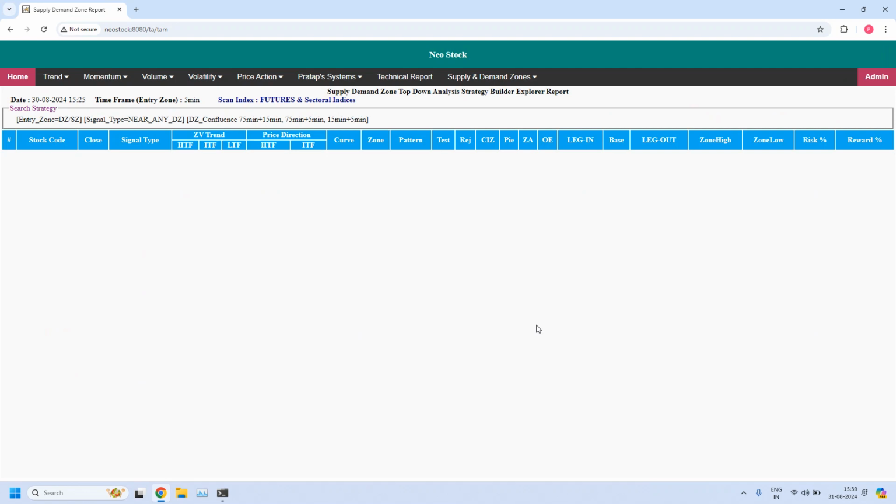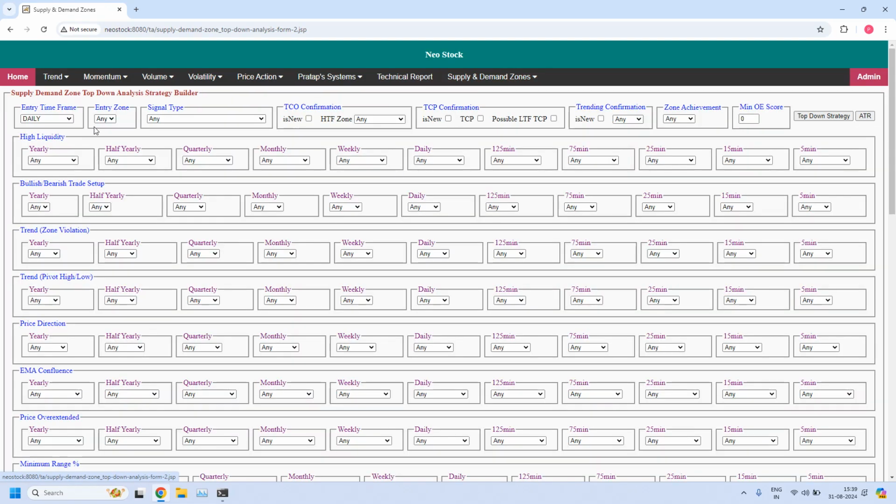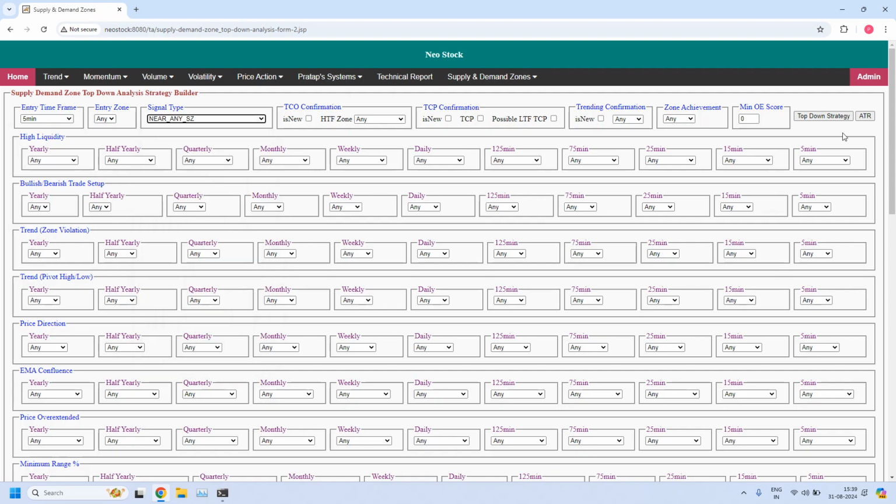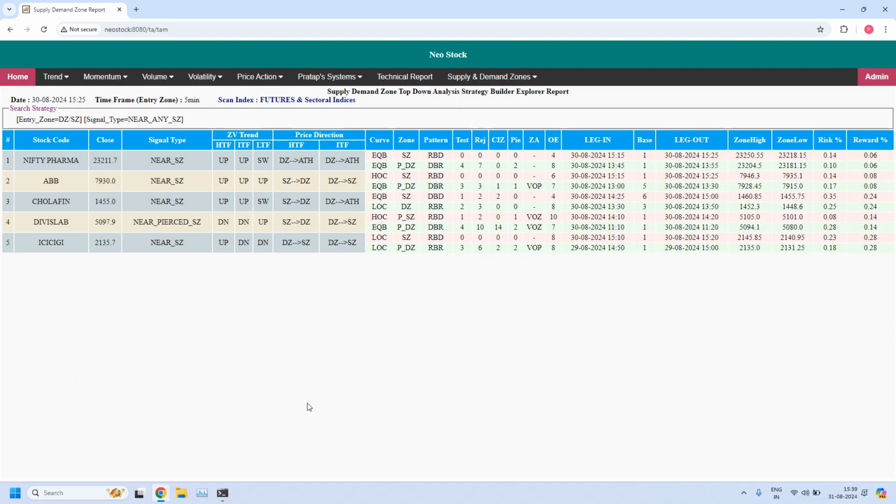Okay, the next one is 5 minute supply zones. So I've selected the 5 minutes entry time, and let us find the stocks near 5 minute supply zones. Let's filter. 5 stocks are filtered which are near the 5 minute supply zone. So let us verify how many of these stocks are having confluence with the 15 minutes supply zone.